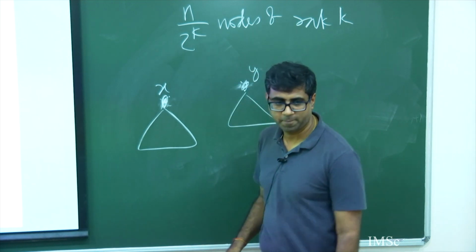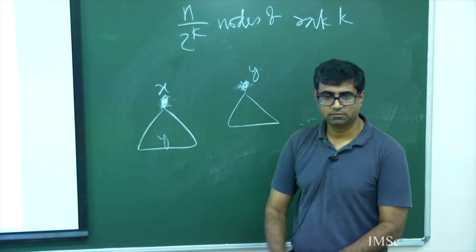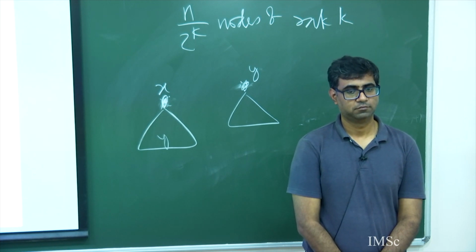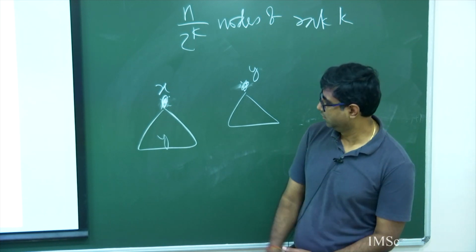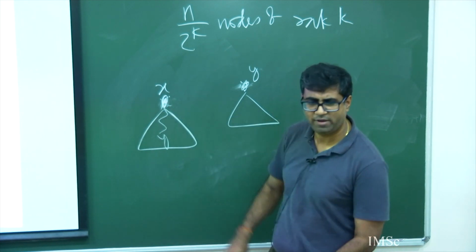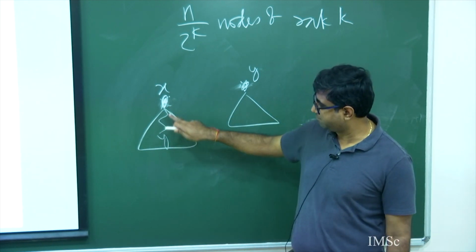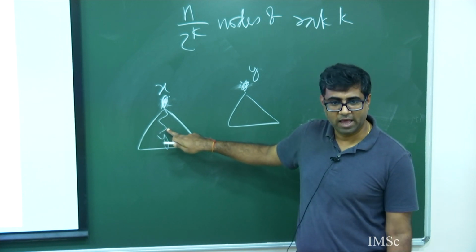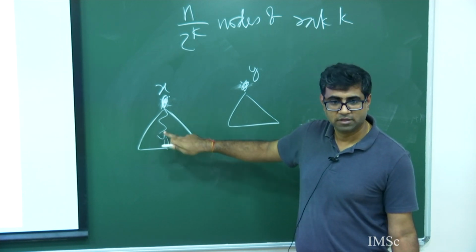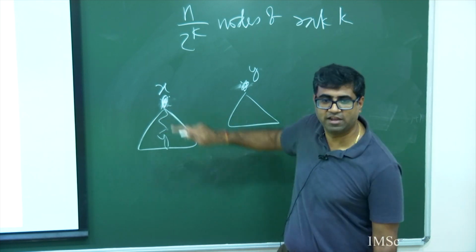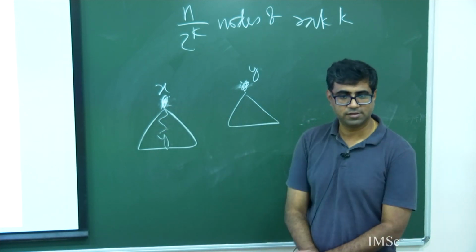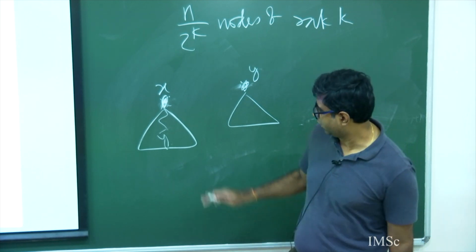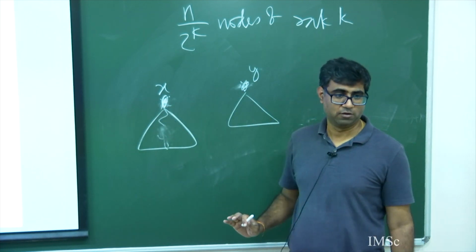Tell me one thing, can y belong to the subtree of x? Then there is a path to y, but on all these paths, each node has a higher rank than the previous one, so rank increases along the path. So how can y belong here? It cannot belong, right? Agreed?